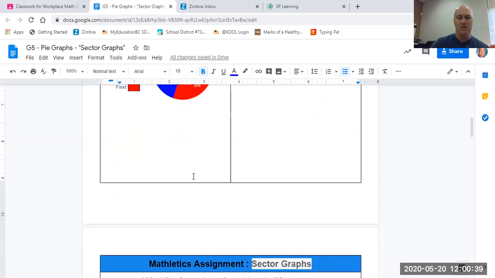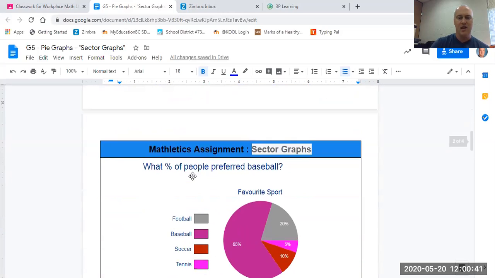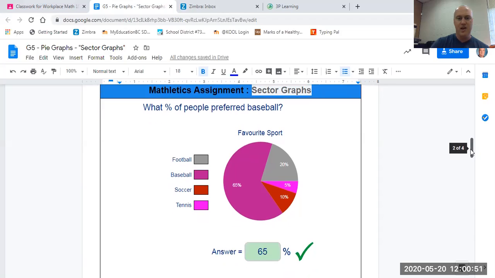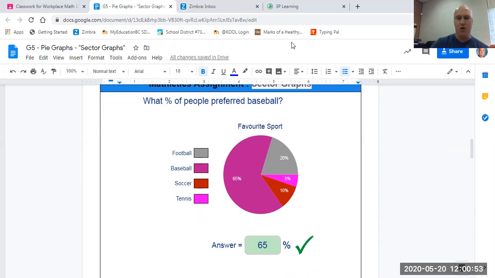So let's take a look at some examples of what you will see in your Mathletics assignment and see how we can solve for that. The very first example is a pretty easy one. It says here, what percentage of people preferred baseball? If we look at this graph, what we can see is that baseball is distinguished by this color here.